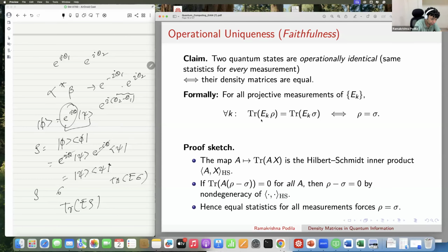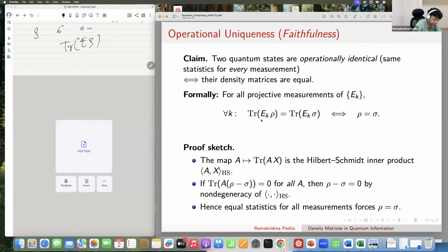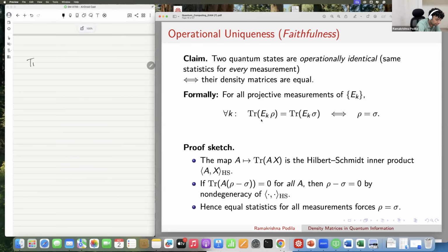Recall that we saw the property, the linearity of the trace. For example, if I had trace of alpha A, we could write that as alpha times trace of A, right? So if I have trace of E rho, I can write that as E times trace of rho. Similarly, I could write trace of E sigma as E times trace of sigma, right?